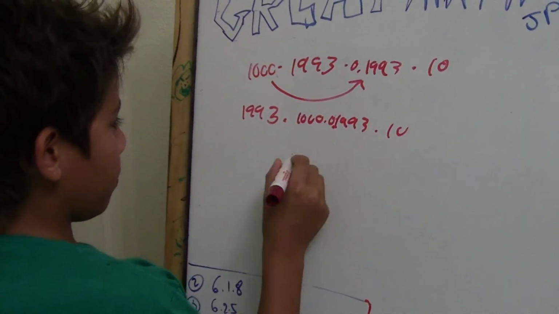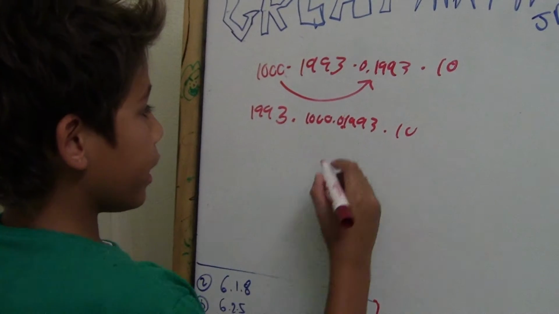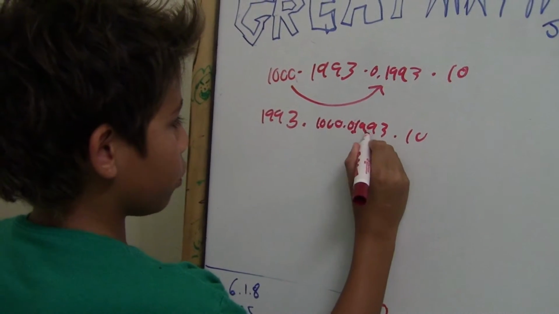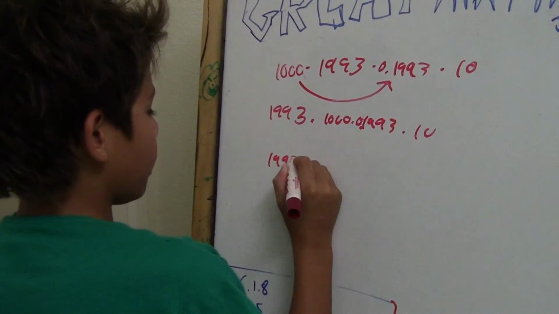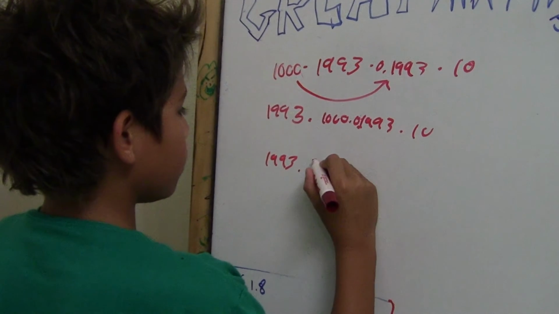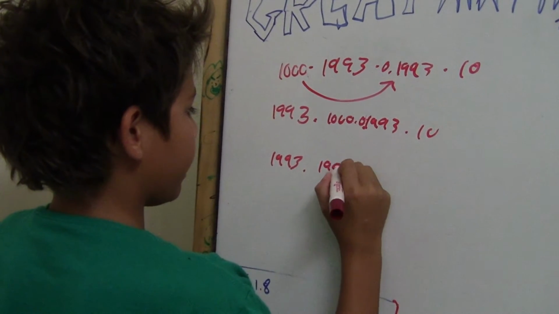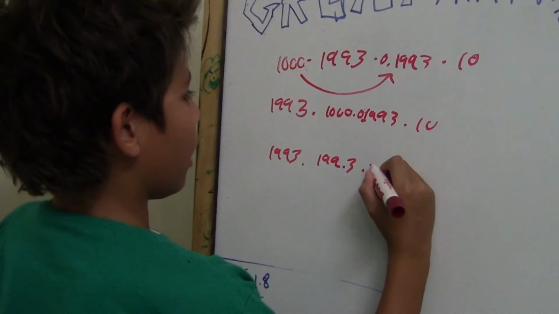Now, that would be 10 to the power of 3. You only move the decimal once, twice, 3 times. So it would be 1993 times 199.3 times 10.